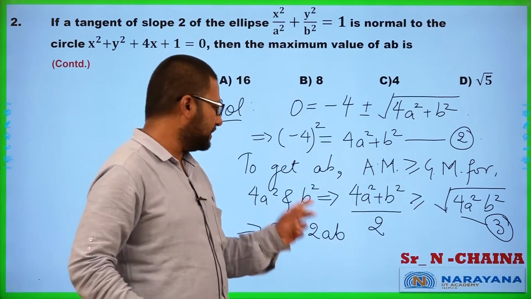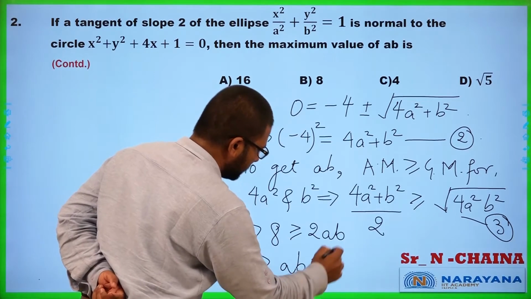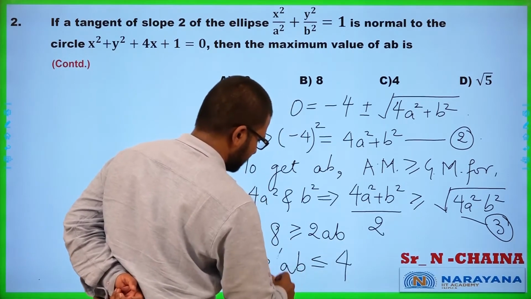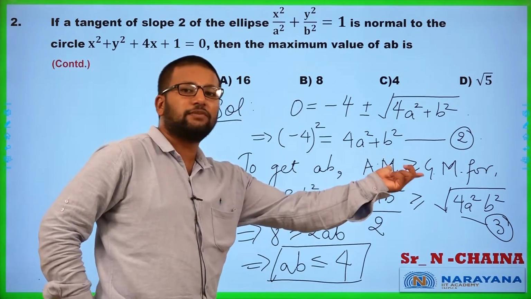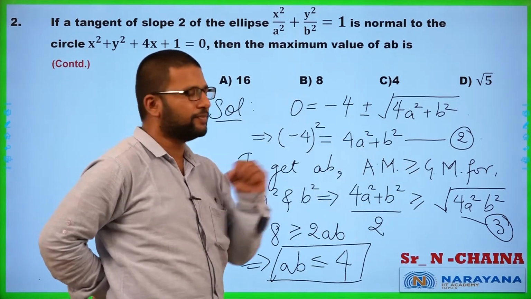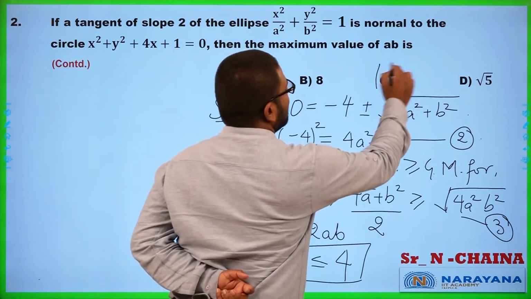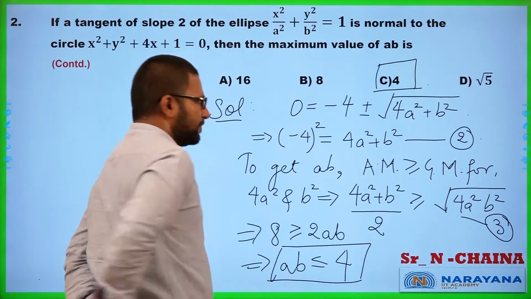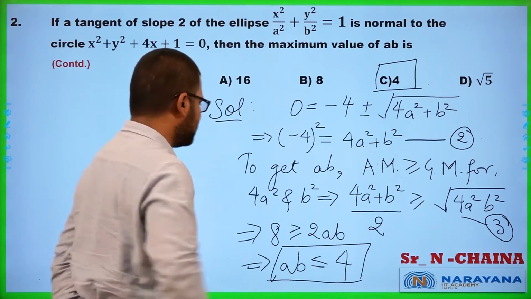So 2ab, and therefore we have AB is less than or equal to 4. That wasn't very difficult, right? But you need to think of this in the exam. It should occur to you. Alright, so AB less than or equal to 4. Therefore, its maximum value is 4. Got it? Shall we proceed? Okay, let us proceed.